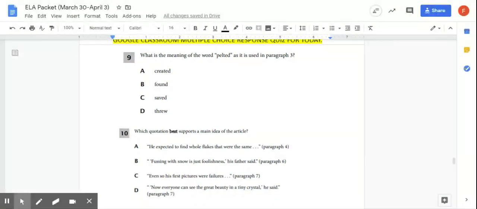So for our first question, what is the meaning of the word pelted as it is used in paragraph 3? A, created, B, found, C, saved, D, threw.